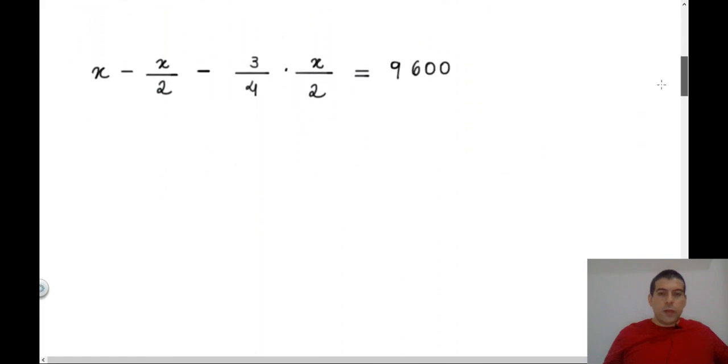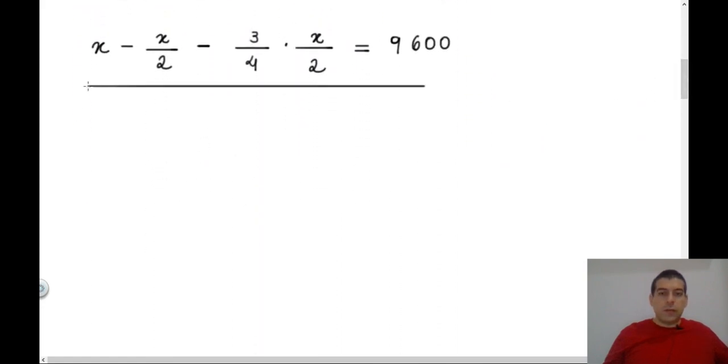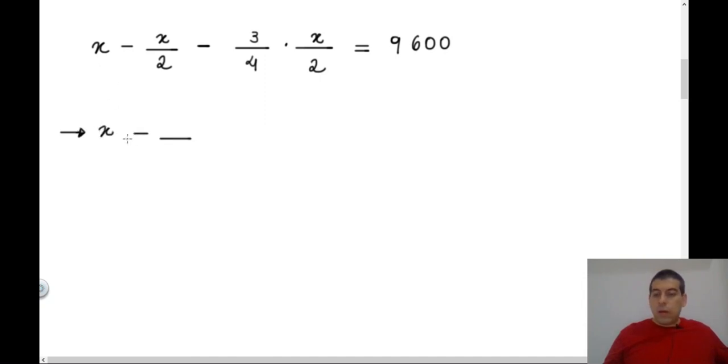In order to answer that question, we need to solve this equation. So let's solve now. We have here that X will be equal to X minus X over 2 minus, now I will multiply numerator by numerator, so 3 times X will be 3X and 4 times 2 will be 8, and this will be equal to 9,600.